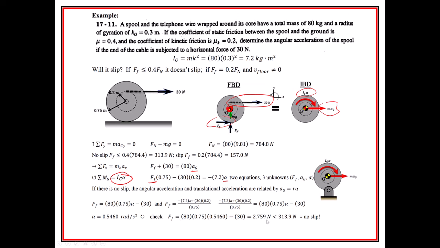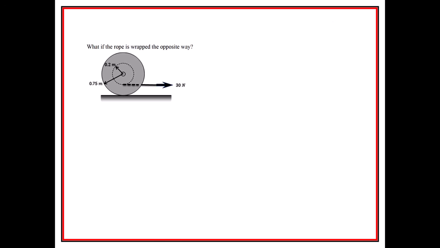We determine that the friction force is much less than the static friction limit. That limit is what it would need to overcome for there to be slip. So if you were to pull this hard enough, there would be slip. We get alpha to be 0.546.